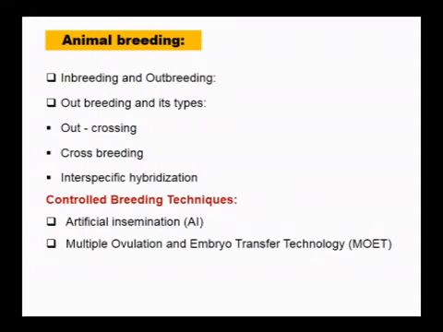To overcome this inbreeding depression, we can follow outbreeding, which includes outcrossing, crossbreeding, interspecific hybridization. Outcrossing involves crossing two breeds which do not have common ancestors on either side of the pedigree for 4 to 6 generations.